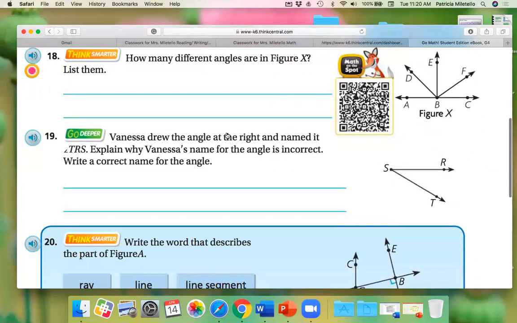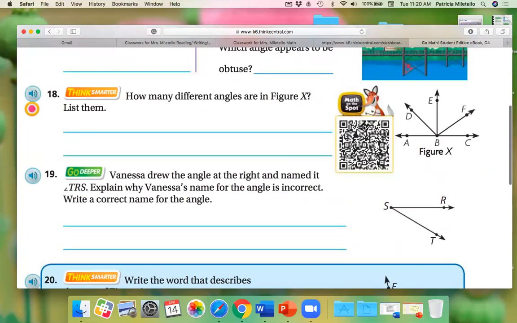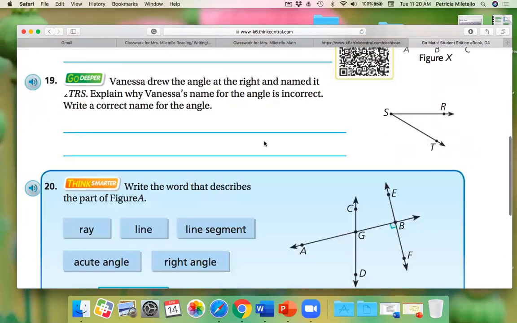A little tricky. If you have a device that can go to this Math on the Spot, you can scan that and go to that video, but I've attached the video to the assignment. So if you have trouble with question 18 or question 19 and you have not watched that Math on the Spot video, please go there and watch that. Maybe it will help you to be able to answer these questions, 18 and 19.